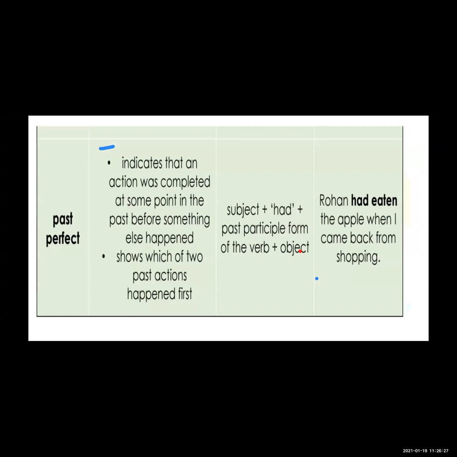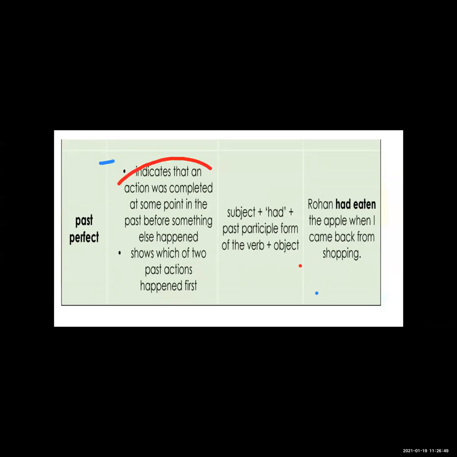Now see, past perfect tense is used to indicate that an action was completed at some point in the past before something else happened, and it shows which of two past actions happened first. So this is the use of the past perfect tense. Again one time I am going to repeat.